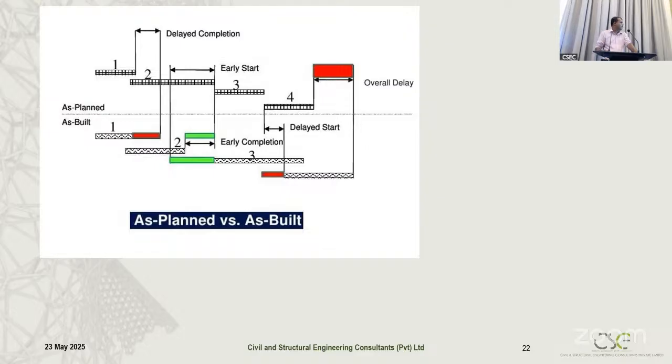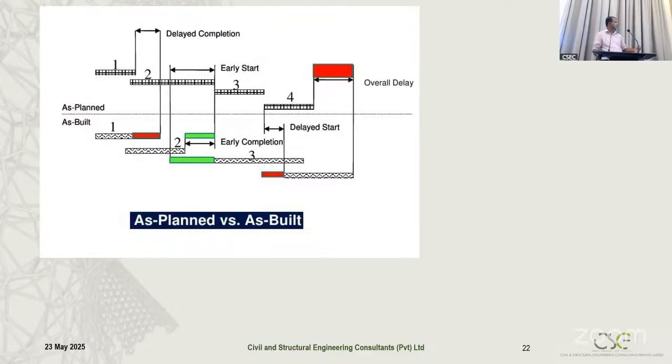Activity 1 has been delayed, and activity 2 has been completed early from our planned duration. Activity 3 we started early, but that also has been completed late, and activity 4 has had a delayed start. The overall delay to the project we can find from the as built.